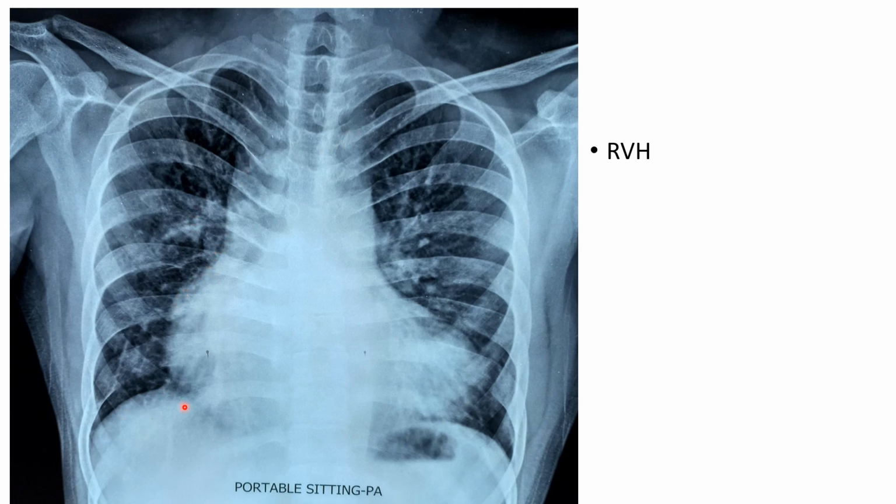Here again there is a cardiomegaly. Now I want you to focus on the apex of this cardiomegaly. Normally the apex is down here, but here the apex is a little bit shifted up. This is called an upturned cardiac apex. This upturned cardiac apex and this boot shaped cardiac shadow indicates right ventricular hypertrophy.